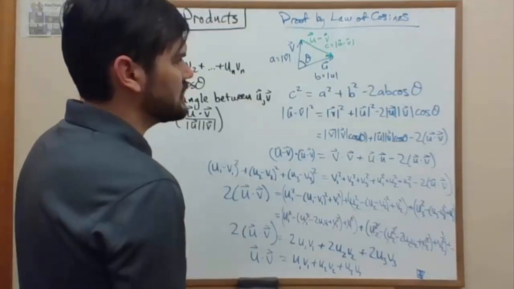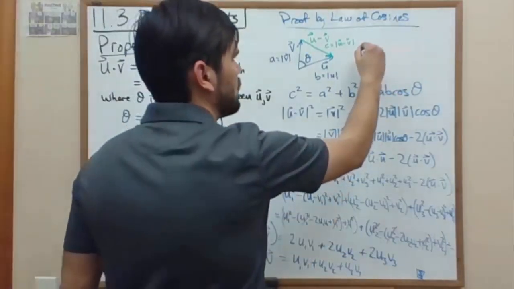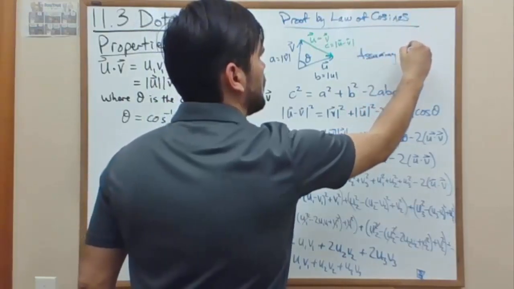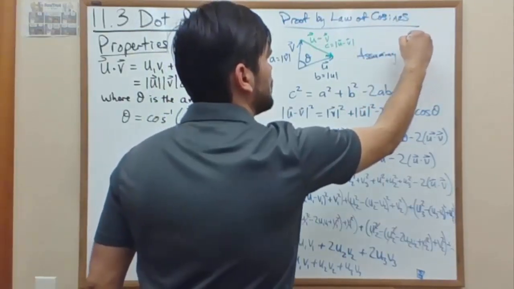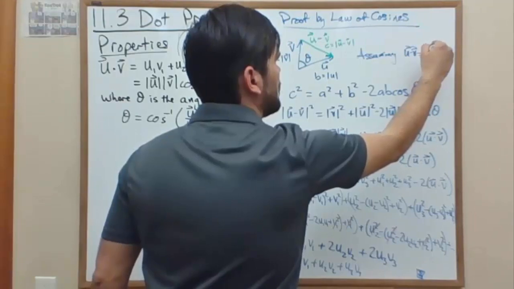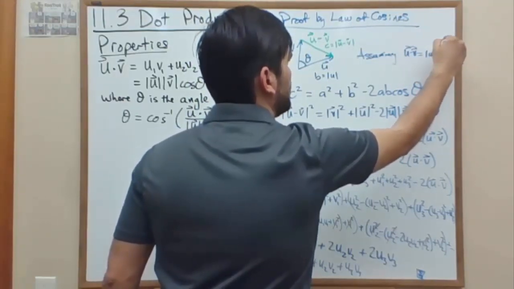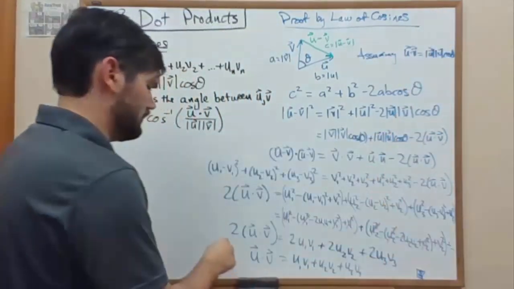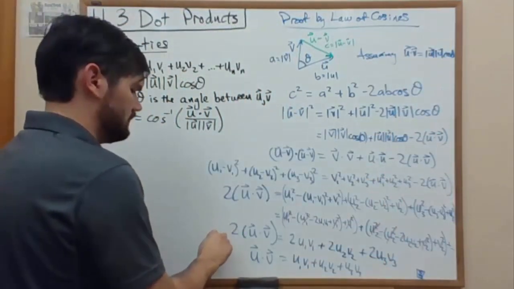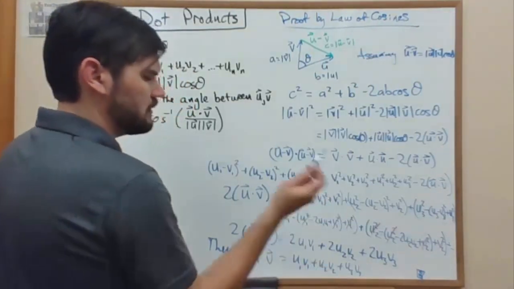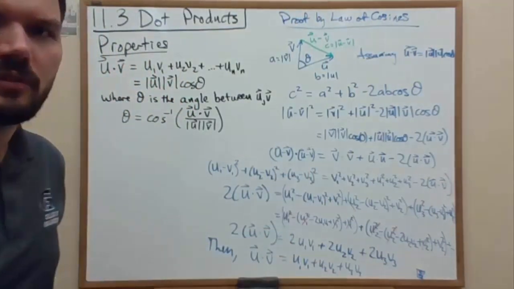We showed that assuming u dotted with v is equal to the magnitude of u and magnitude of v times the cosine of the angle, then u dotted with v is also equal to the sum of the products.